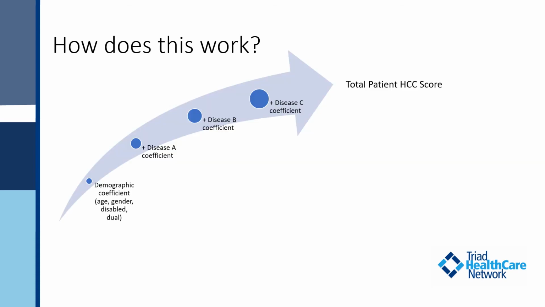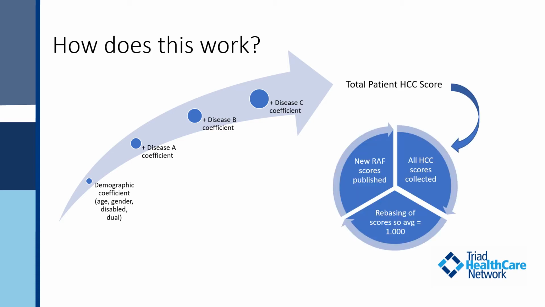Then, Medicare takes a demographic coefficient, which takes into account the patient's age, their gender, whether they're disabled, or whether they're dual eligible. That means they're eligible for both Medicare and Medicaid. And that's one number that the patient gets. Then the disease A coefficient, that is the HCC score, if you will, of the disease A is added to that, and the coefficient or HCC score for disease B and disease C, whatever they have, and you get a total HCC score for each patient.